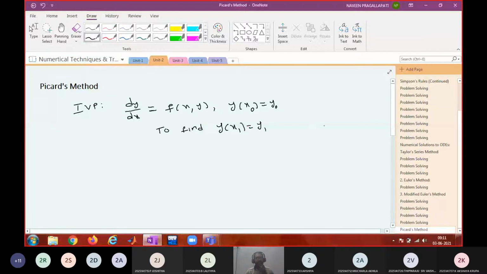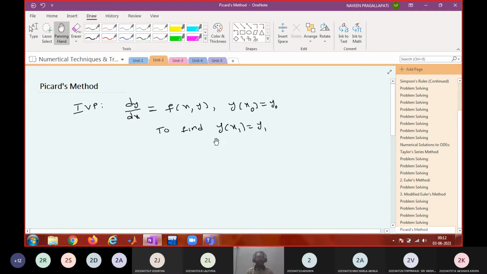In the earlier methods, we computed this y1 value directly. We were not finding the entire solution, but we were able to find the value of the solution at a given point directly.